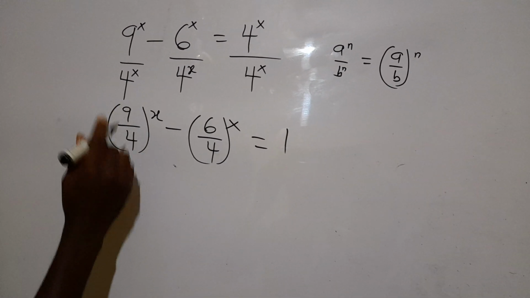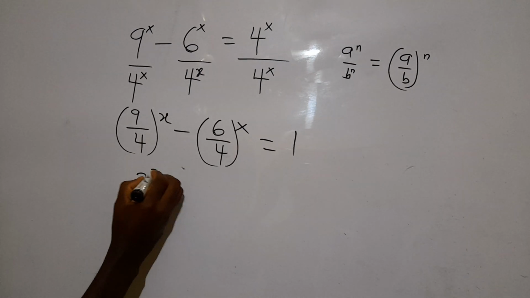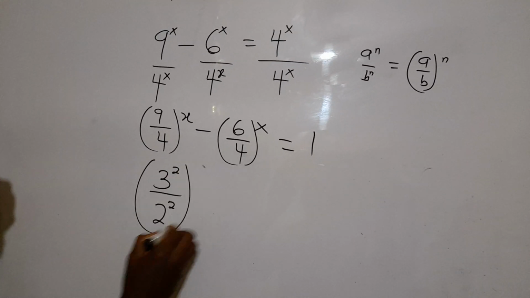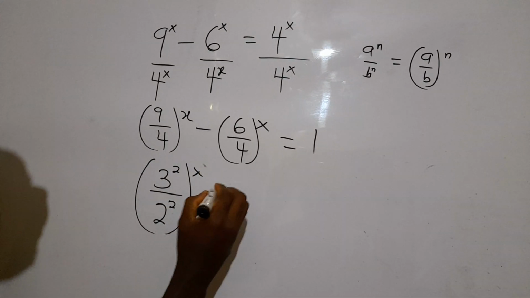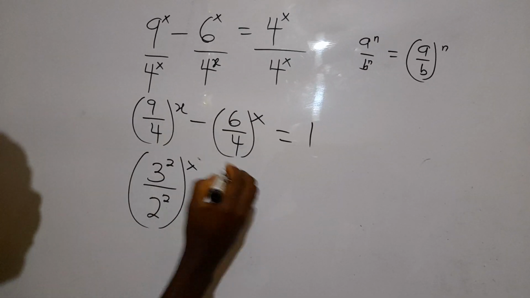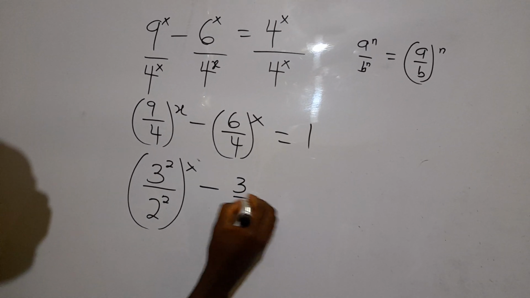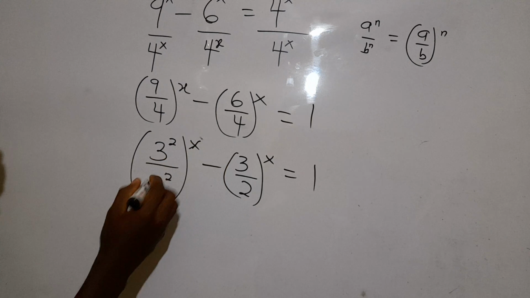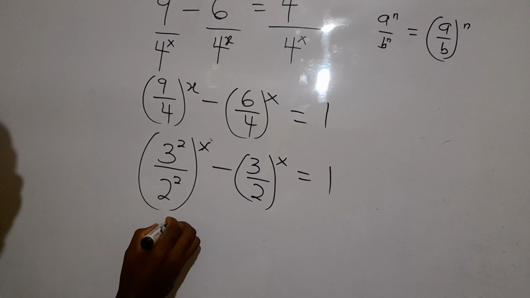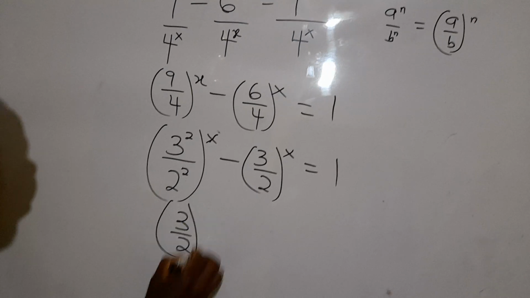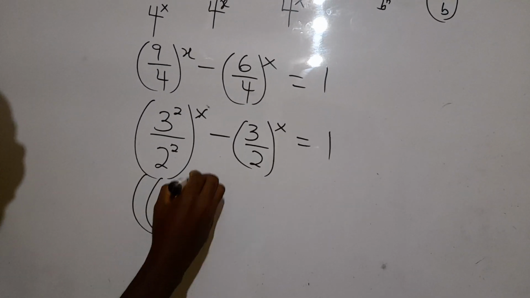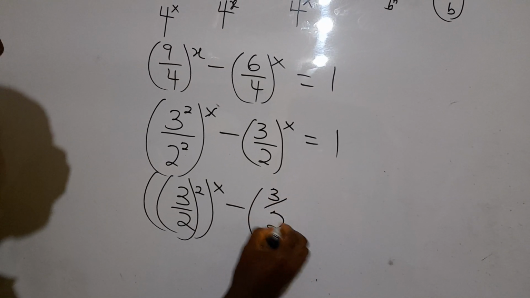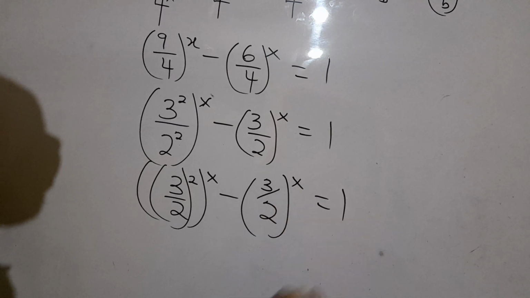Then I can rewrite this as 3 squared is 9 over 2 squared is 4 all exponent x, minus 6 divided by 2 will be 3 and 4 divided by 2 will be 2, all exponent x is equal to 1. So this can also be written as 3 over 2 all exponent 2 exponent x, remember that, minus 3 over 2 exponent x is equal to 1.